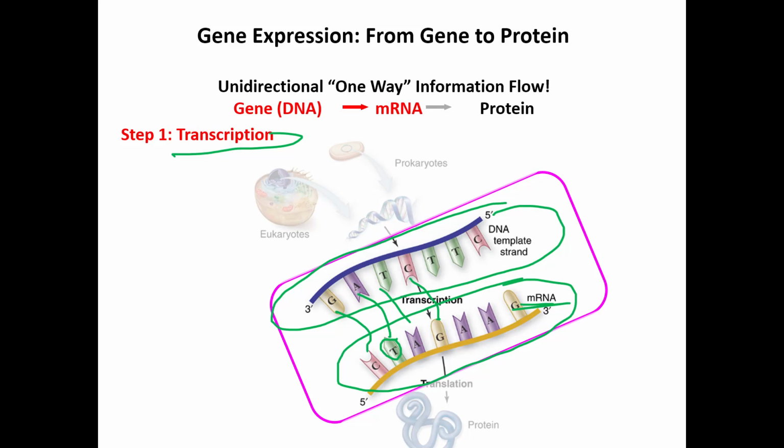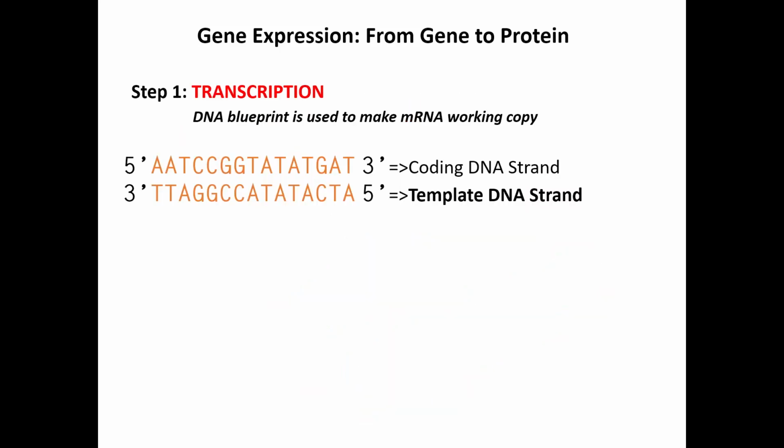So the process of generating a messenger RNA molecule from the DNA template strand is what we call transcription. Here, step by step, what happens? We have our two complementary DNA strands, the coding strand on the top, and we see that the template strand is complementary to it in terms of base pairing of the nucleotides.